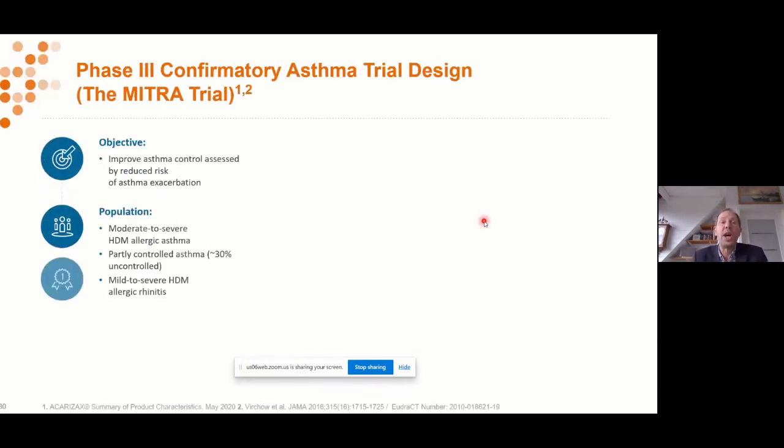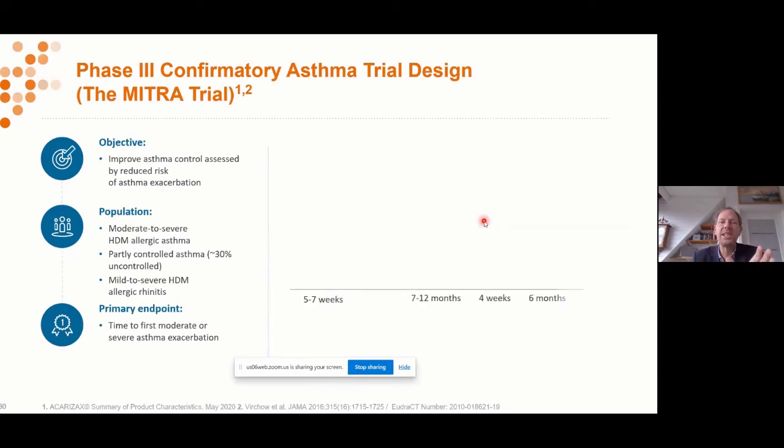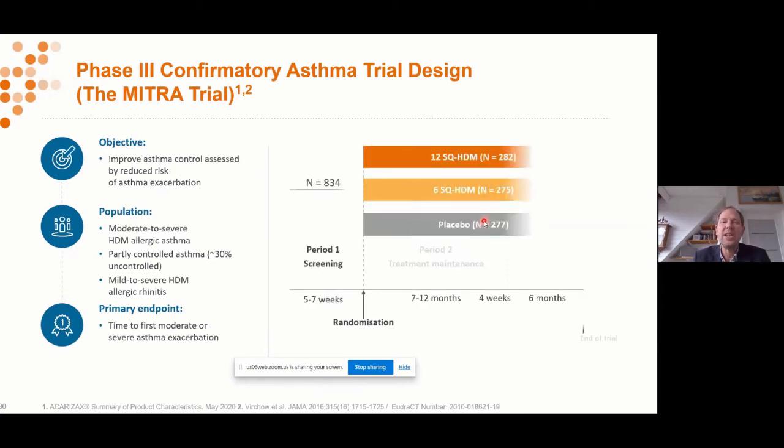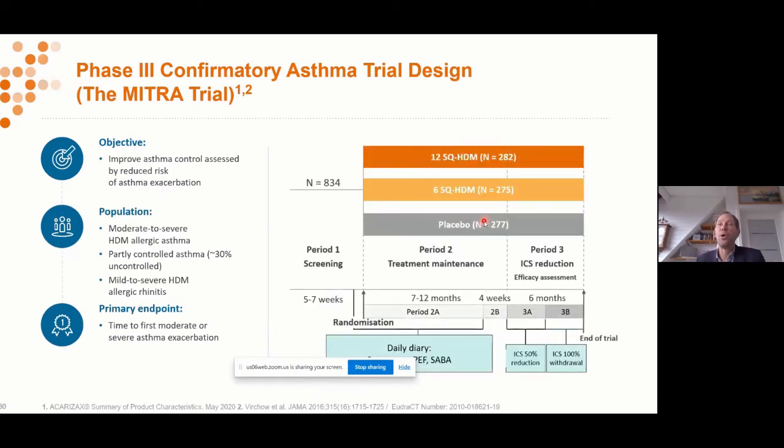And now let's look into asthma. And this study design here, what I will show you here, this is very much aligned with all the biologic studies that you have seen before. So in this study, 834 patients were randomized to placebo and 2 different doses of the house dust mite tablet. The patients were treated with their individual corticosteroid dosages.